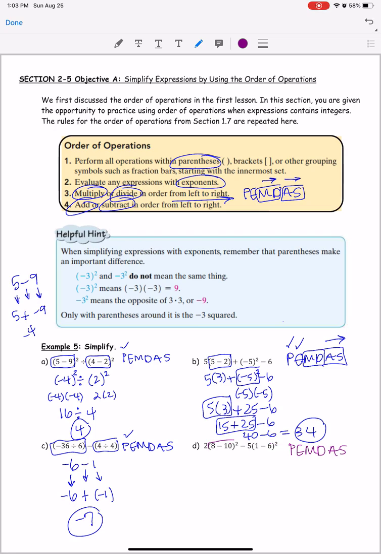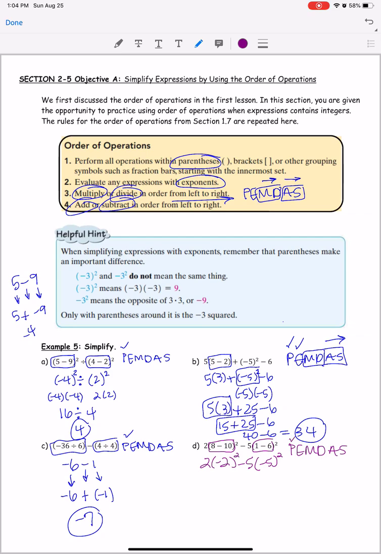What's in parentheses is 8 minus 10. So that's a negative 2. Minus 5 times 1 minus 6 is a negative 5 squared. Okay, think money. You have $8, you spend 10, now you owe somebody 2. You have $1, you spend 6, you owe somebody 5.